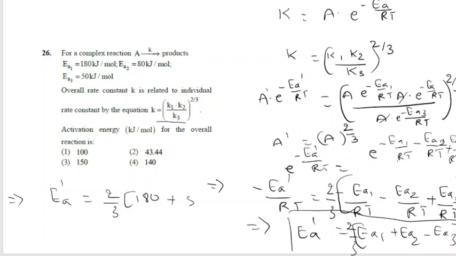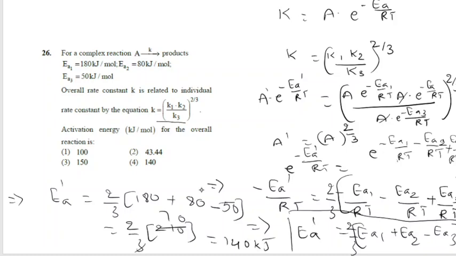That means 2 by 3 into 80 minus 50 is 30, 30 plus 180 is 210, and after the simplification you will get 140 kilojoules as the answer. So fourth one is the correct option, right? Let's move to the next question now.